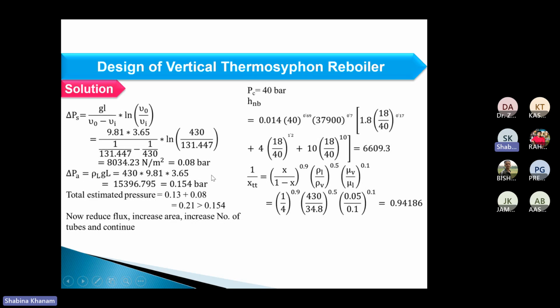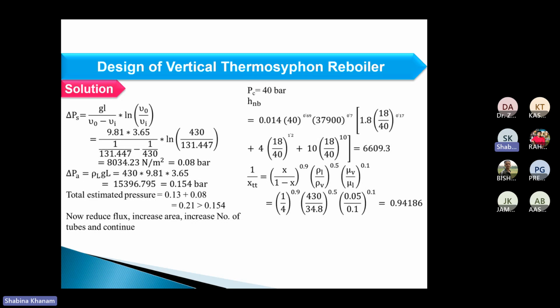Available head will be on the column side. We also consider here that the upper tube sheet of the heat exchanger, or the reboiler, should correspond to the liquid in the distillation column. It means both should be aligned.